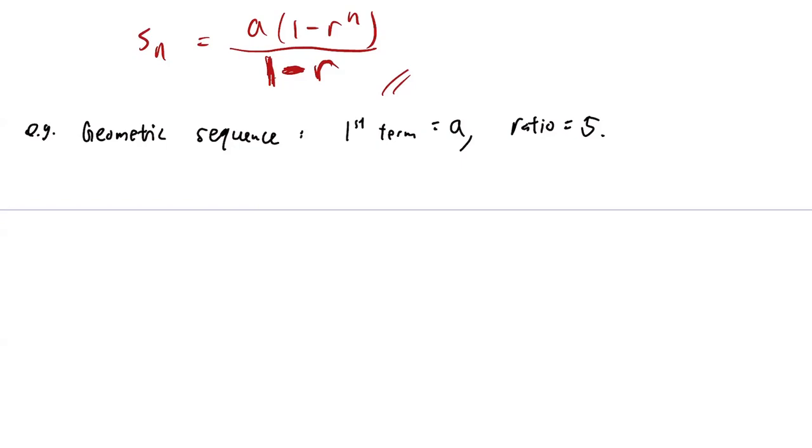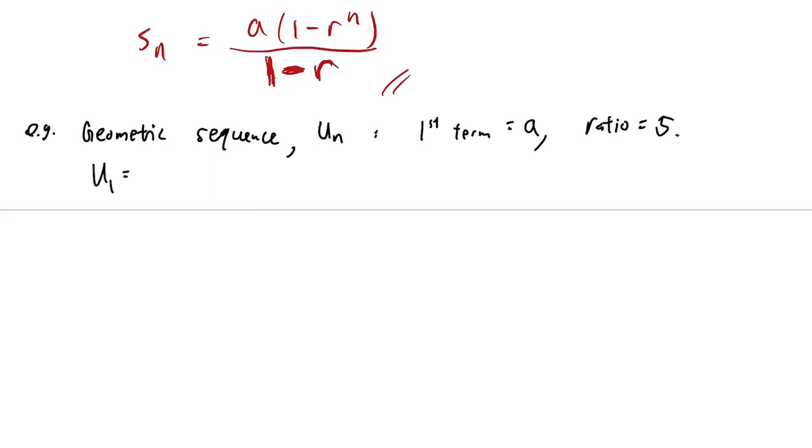Let's just denote it by Un, n being the nth term. Can you find for me U1? It's just A. How about U7? Is A times 5 to the power of 7 minus 1? Yes, correct. And then how about U8? Is A times 5 to the power of 8 minus 1.